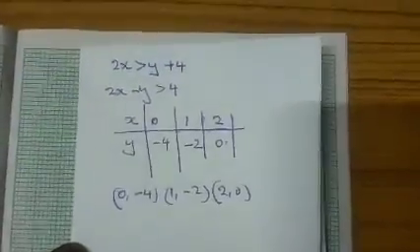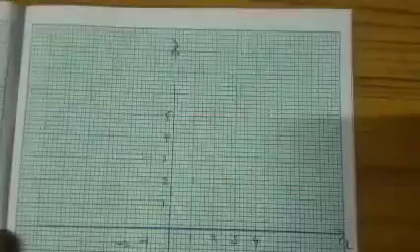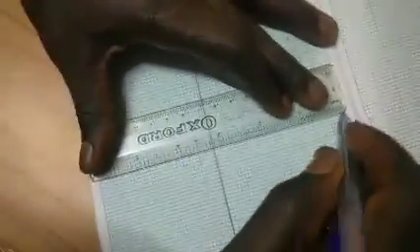So we turn to our graph so that we can graph that. So to our graph now, we can draw the graph. This is the x-axis, the y-axis. So this is the x-axis, this is the y-axis.